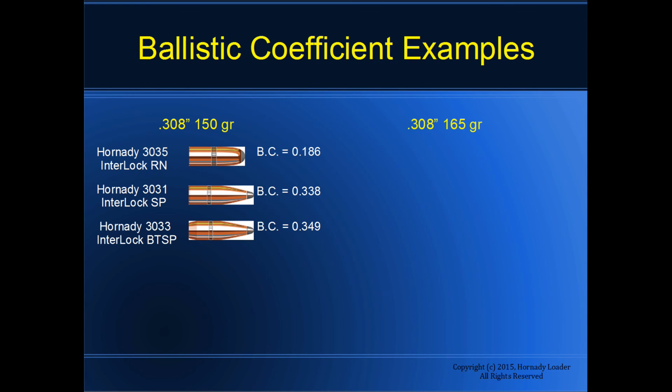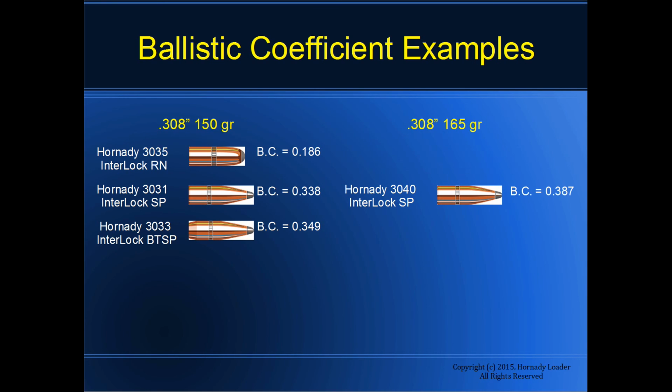Now let's take a look at some other bullets here. For instance, some 308 caliber 165 grain bullets. Now Hornady doesn't make an interlock round nose bullet at 165 grains, but they do make a 165 grain interlock spire point. It's identical in every way to the 3031 bullet, with the exception that it's 165 grains.